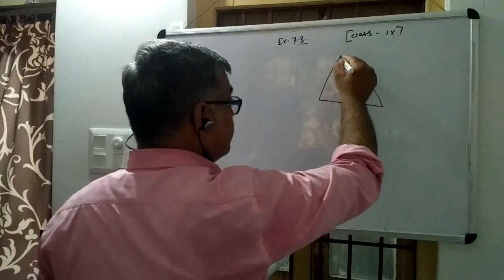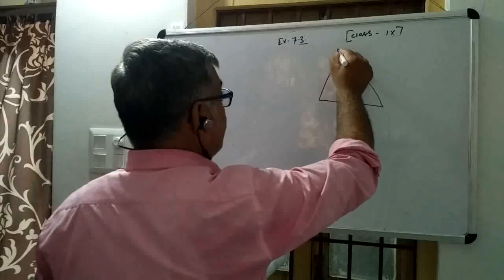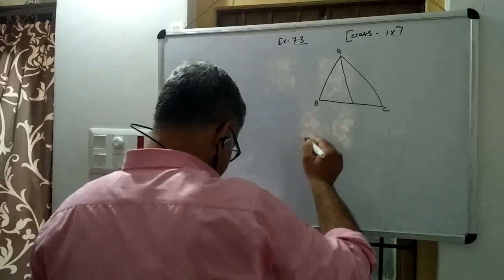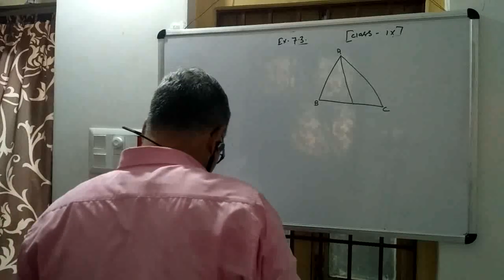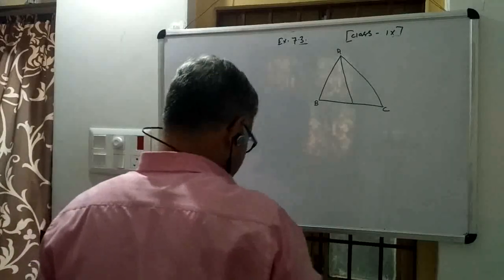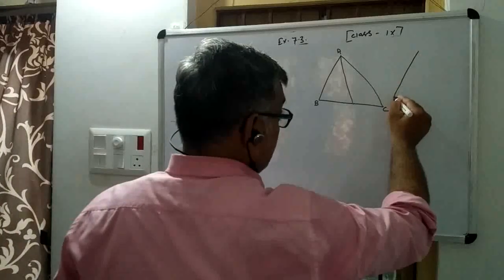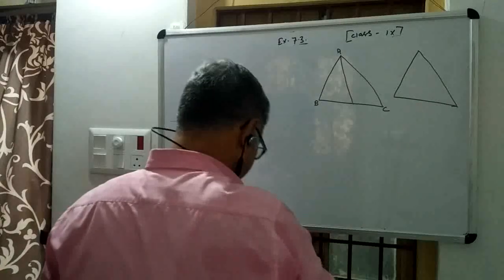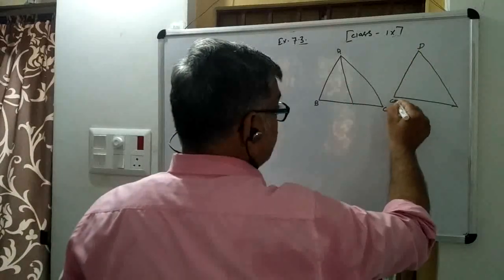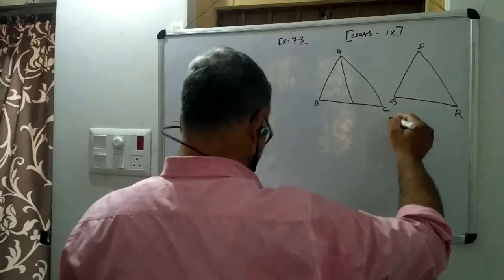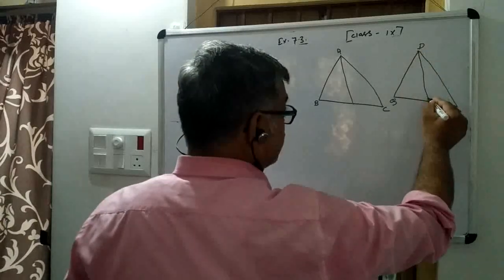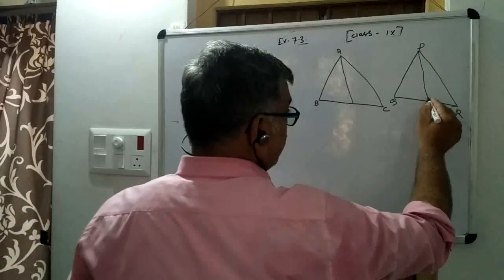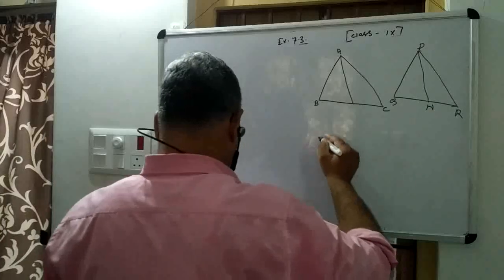Suppose this is triangle ABC, A, B, C, and triangle PQR, and this is triangle PQR, with P, Q, R, and this is M.